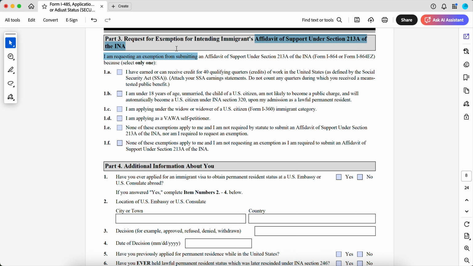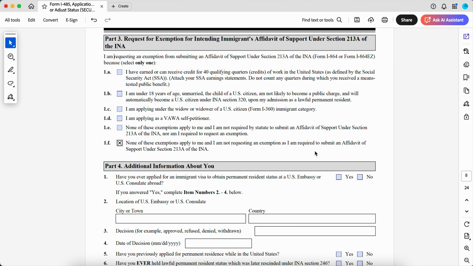It's a sponsorship type of document. If you have no exemption and you have an affidavit of support under Section 213A of the INA, you select 1F. None of the exceptions apply to me, and I'm not requesting an exemption from the affidavit of support.